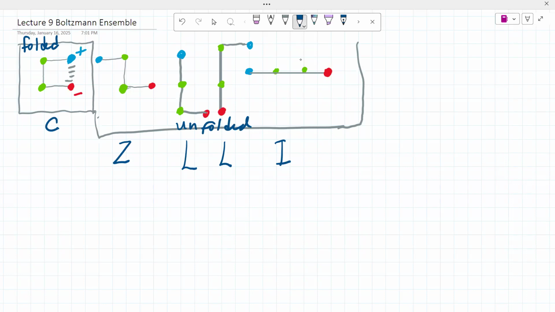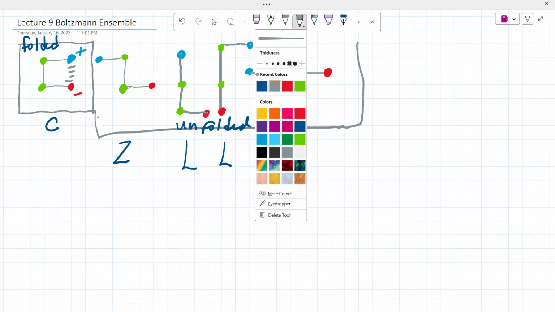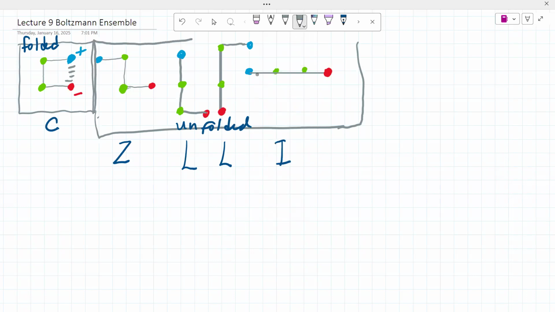Okay, so with this in mind, we want to then think about how much energy they have. So I just drew this interaction here. And now what we're going to do is we're going to take a look to see how much interaction energy these might have.